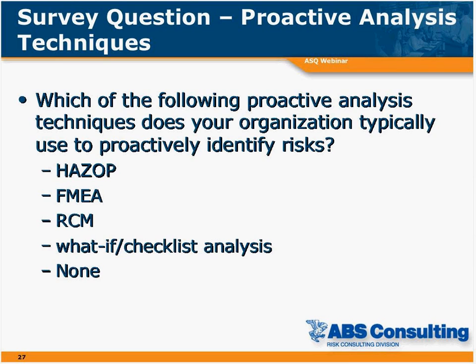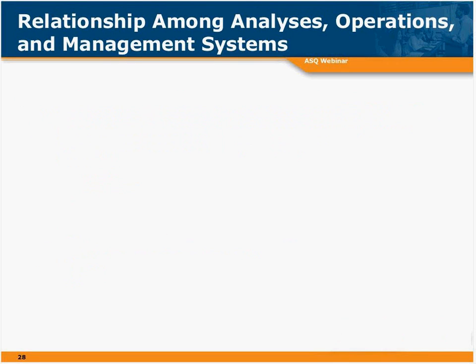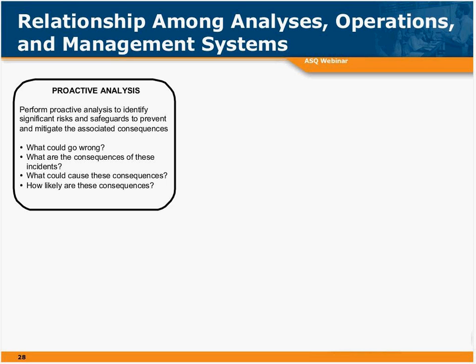We spend all this time on the human performance and analysis. Well, there is a relationship among analyses, operations, and management systems. And in fact, this is a big driver for why we want a good management system. One driver is the need to be ISO 9000 certified. Another, individual companies need to have good process safety management systems for their highly hazardous chemicals. Proactive analysis up front.